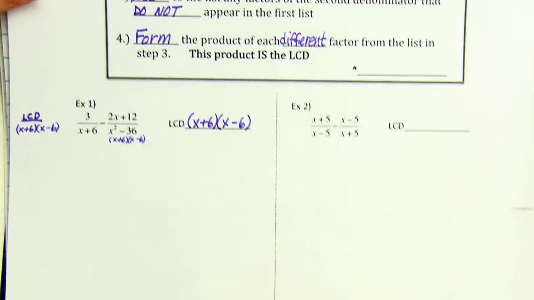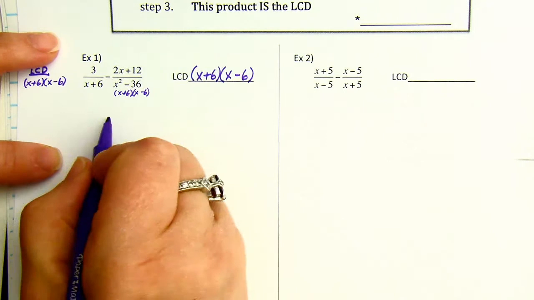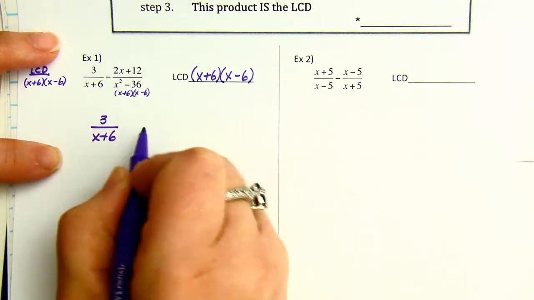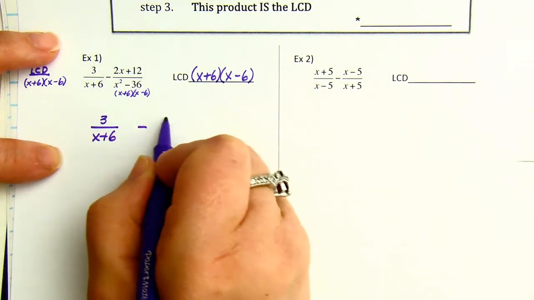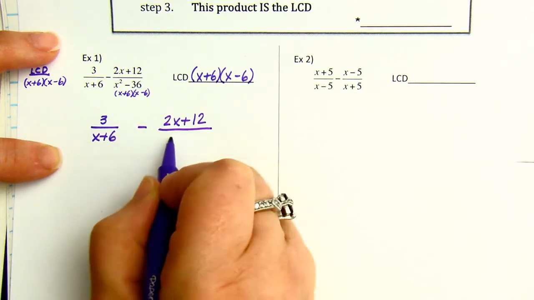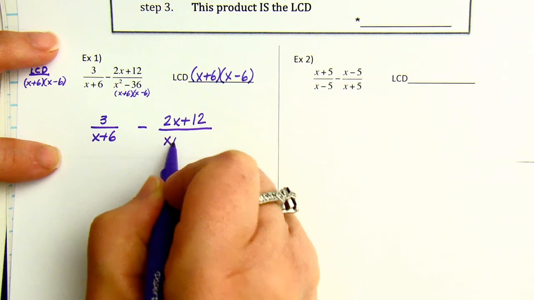Now, we're going to write the original problem. That's a subtraction sign. I'm going to write this in factored form.